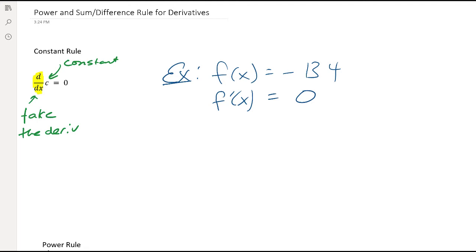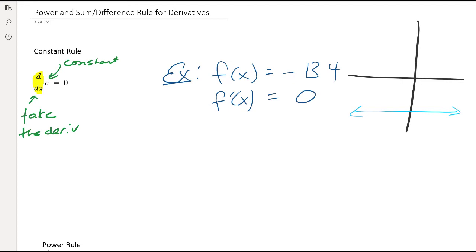Really quickly, why is that the case? I can give you a 2-second proof here. Think of graphing the function y equals negative 134. A constant function is a horizontal line. Remember, the derivative gives us the slope of the tangent line, or the instantaneous rate of change.